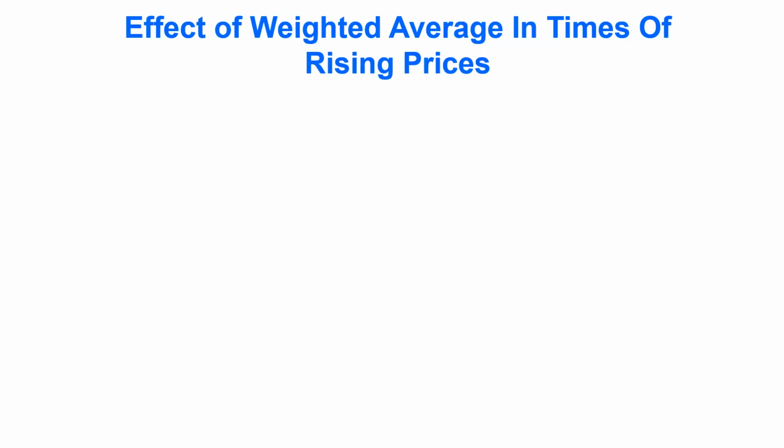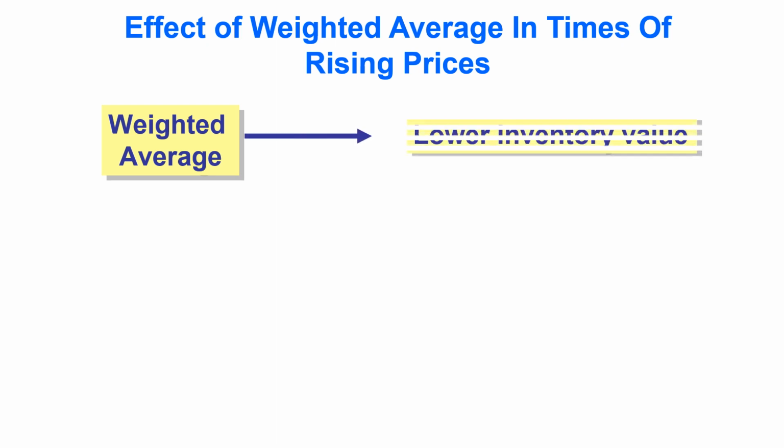Now the last thing on this topic is the effect of weighted average method in times of rising prices. So when prices are rising, what is the impact of weighted average on the balance sheet and on the income statement? So we use the weighted average to find the value of ending inventory, right? Now weighted average is going to give us lower inventory value compared to FIFO.